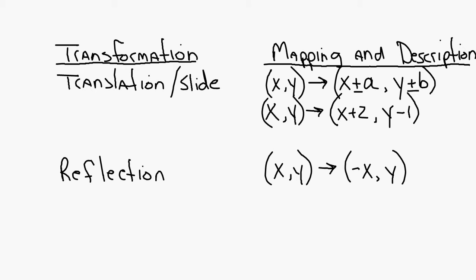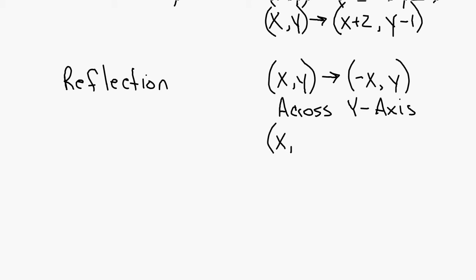Now this is an example of a reflection across the y-axis. The transformation rule, where you take each xy and you transform it by keeping your x value the same and making all the y values the opposite of the original y, that's a reflection across the x-axis.